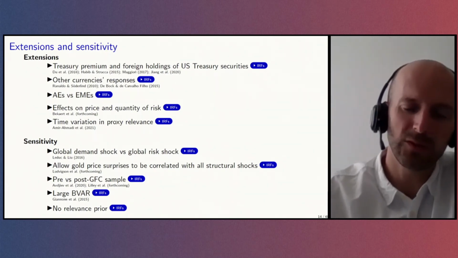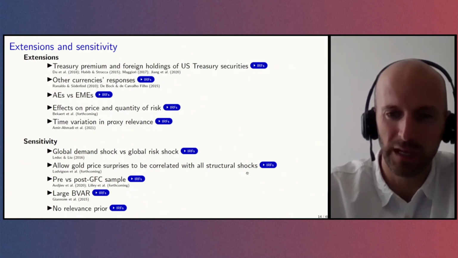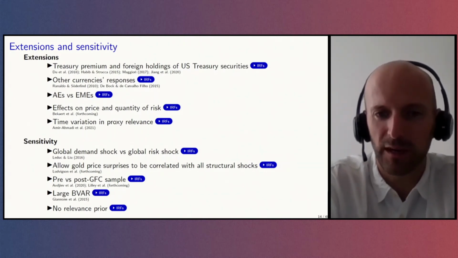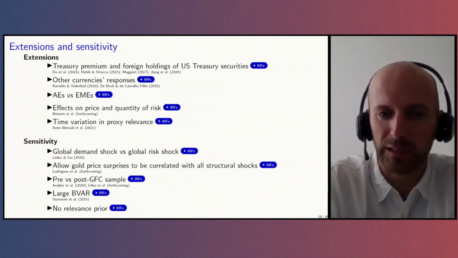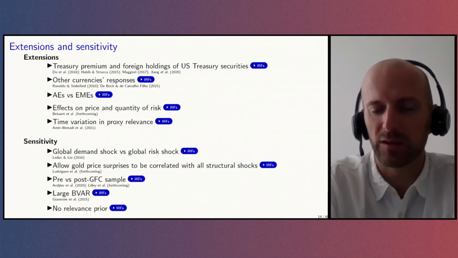I think a better way to address this possible concern is to just relax this identifying assumption and to say, okay, maybe these gold price surprises are not only driven by global risk shocks across all these events identified by Piffer and Podstavsky, but maybe they're also driven by other structural shocks.